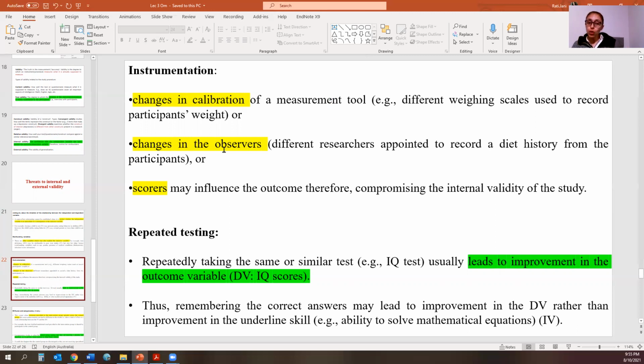All right. Then you have scorers. Same goes for researchers. For example, you know how I said that in an experimental setting, I am observing what the children are eating and not eating, and my colleague is observing what the children are eating and not eating, and we are the ones who are assigned to be taking these notes and recording this and scoring the children for all of the trials.